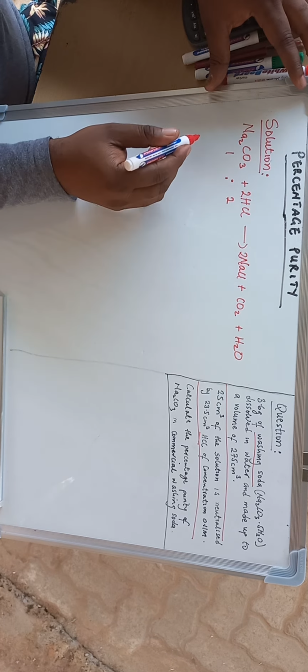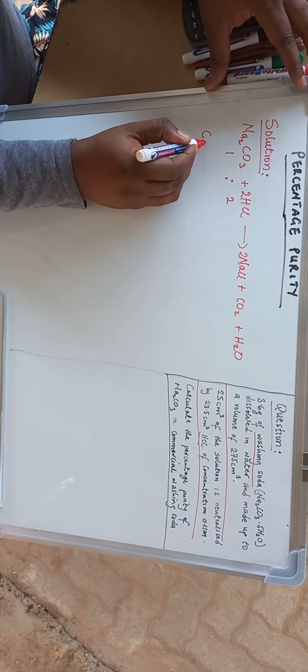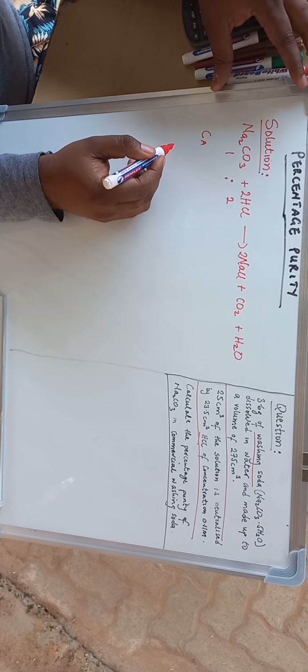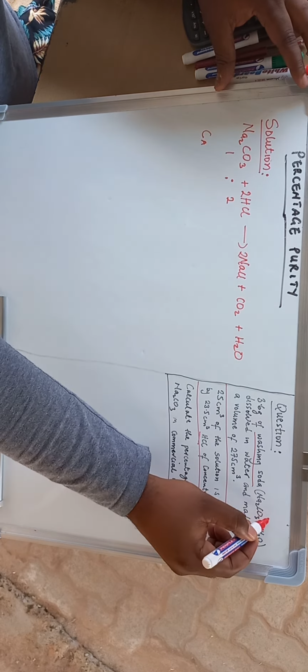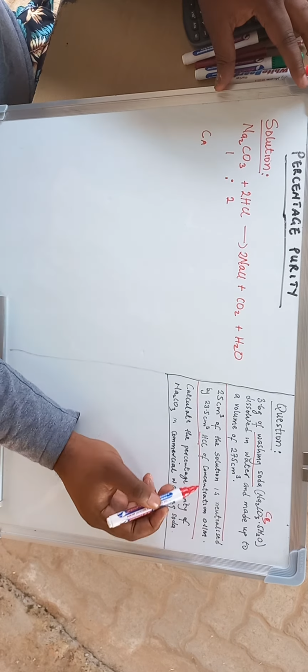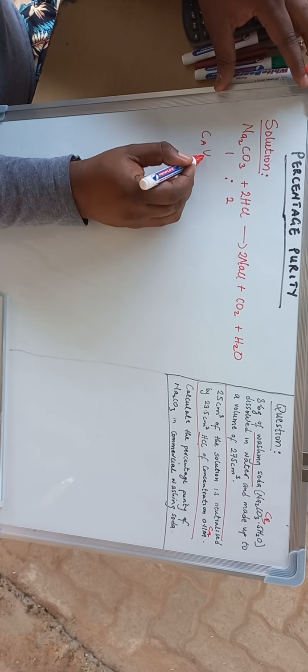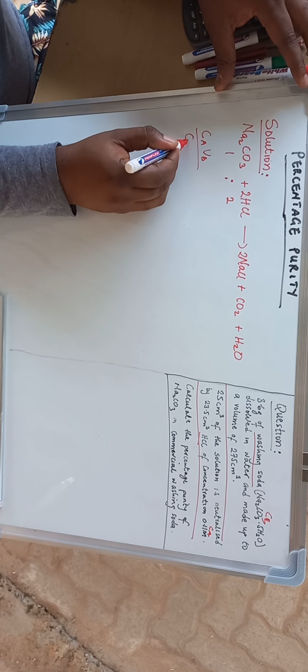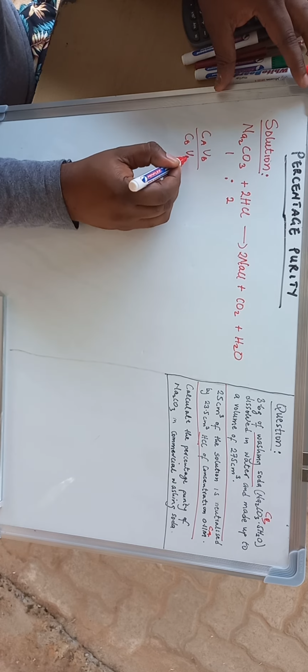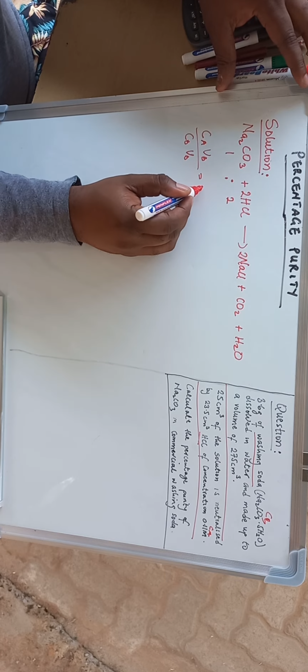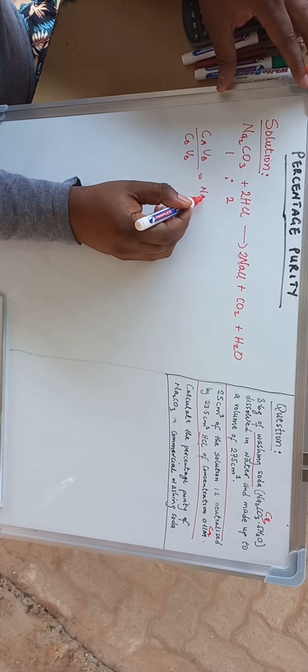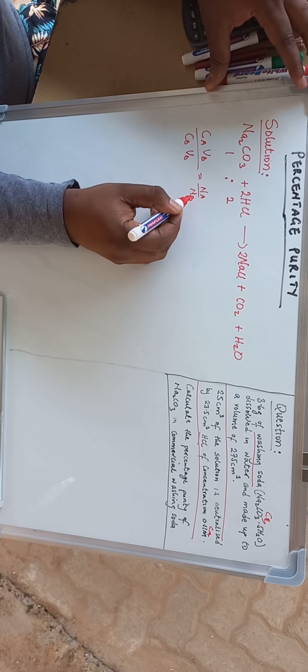So from there, I can easily proceed to calculate the concentration of the base. I know the concentration of the acid, the volume of acid, and the volume of the base, and they will be equal to their mole ratio: number of moles of the acid, number of moles of the base.